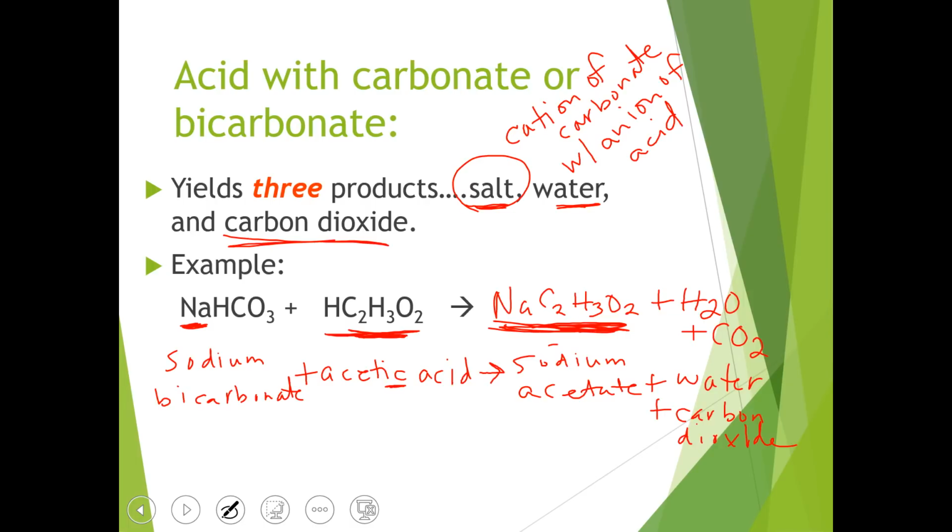And this is one of the ones that we see a lot in our environment. We have a lot of carbonates in our environment, like marble, limestone, and granite, things that contain a lot of carbonates in them.